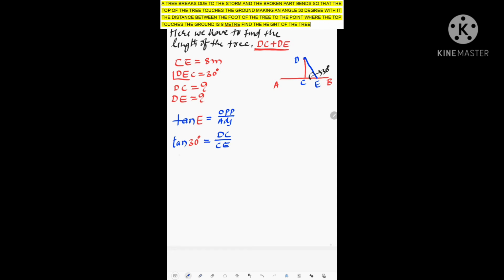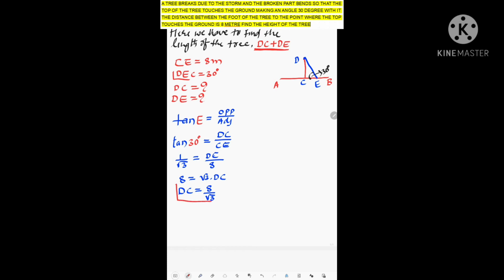Tan 30 is 1 divided by root 3, equal to DC, which we don't know, divided by CE, which is 8 centimeter. Now cross multiply: 8 multiplied by 1 and root 3 multiplied by DC. 8 into 1 is 8 and root 3 into DC is root 3 DC. After transposing, DC is 8 divided by root 3. This is the DC value.